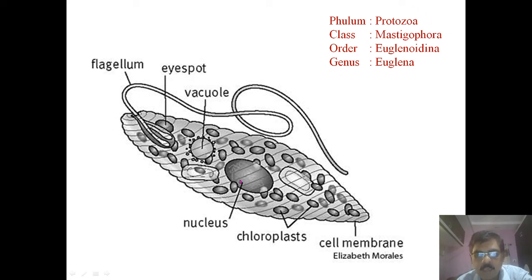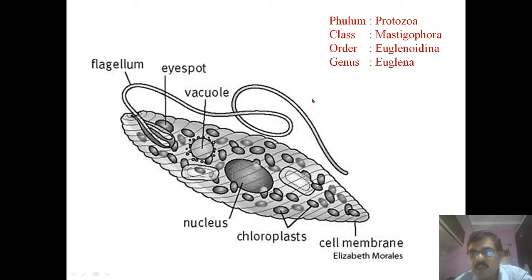Here this is a Euglena, and if you observe the structure of the Euglena, it has the flagellum, then the vacuole, that is a contractile vacuole for excretion, and another important thing, this is a nucleus, and it has the chloroplasts. What is the function of chloroplast? That is photosynthesis.